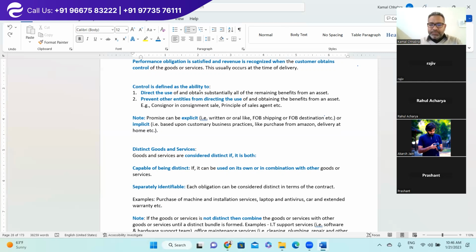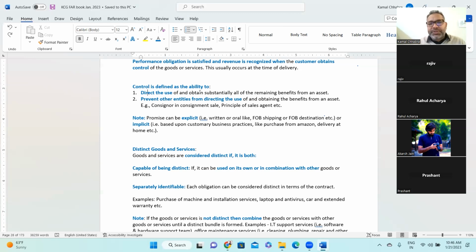So I have a right to use as well as a right to direct the use also. That means I can delegate the usage right to someone else. So I have that authority, right? Direct the use of and obtain substantially all the remaining benefit of the asset. That means for the rest of the life of the asset, I can utilize that.